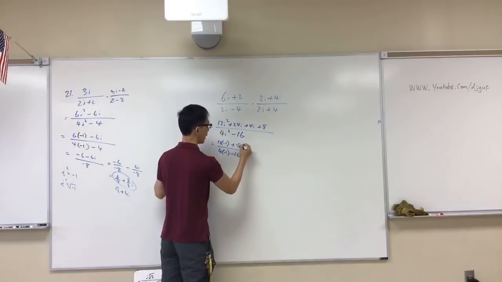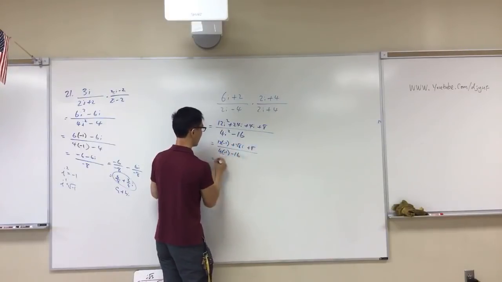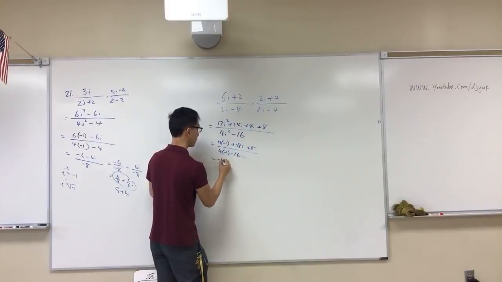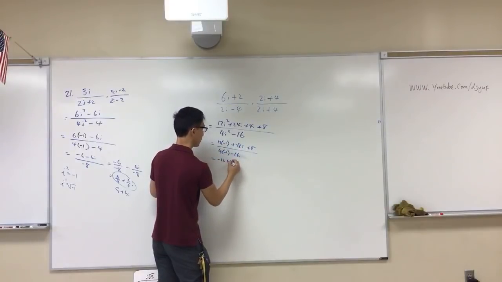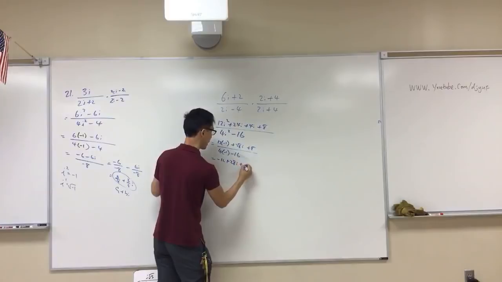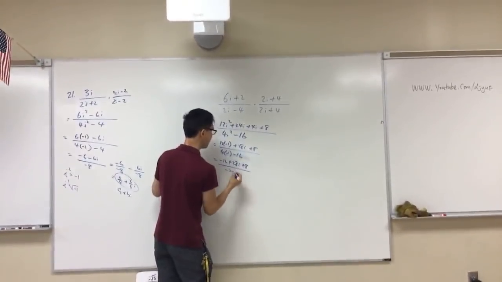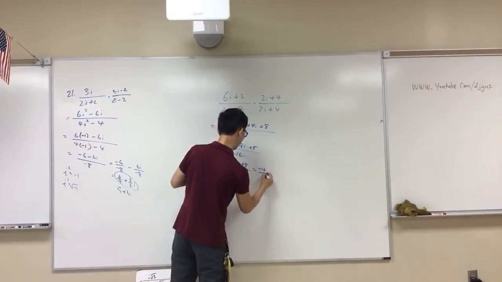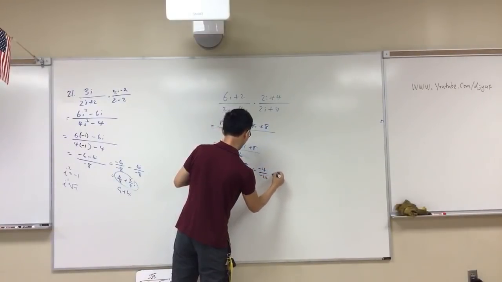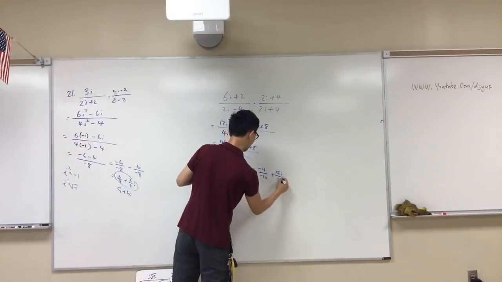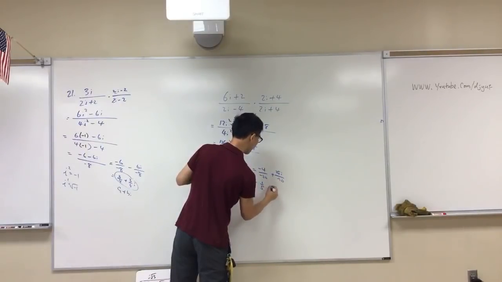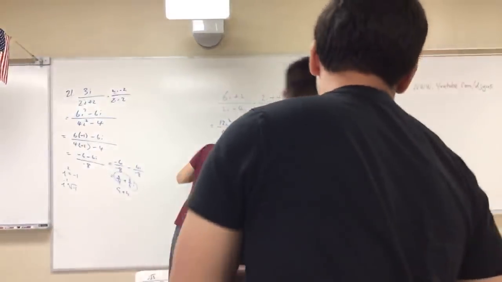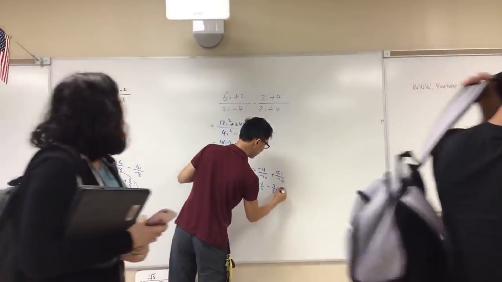Plus 28i plus 8. So that's going to be negative 12 plus 28i plus 8 over negative 20. That's going to be negative 4 over negative 20 plus 28i over negative 20. So that's going to be 1 over 5 minus 7 over 5i.